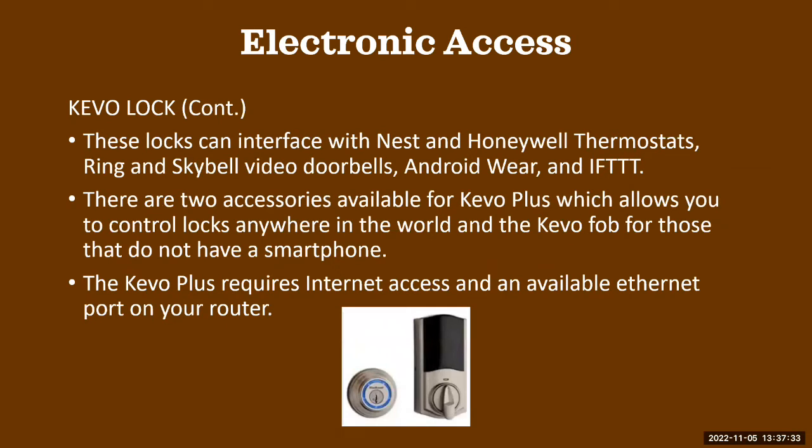These locks interface with Nest and Honeywell thermostats, Ring and Skybell video doorbells, Android Wear, and IFTTT. There are two accessories available: the Kevo Plus, which allows you to control locks anywhere in the world, and the Kevo Fob for those that do not have a smartphone. The Kevo Plus requires internet access and an available Ethernet port on your router.